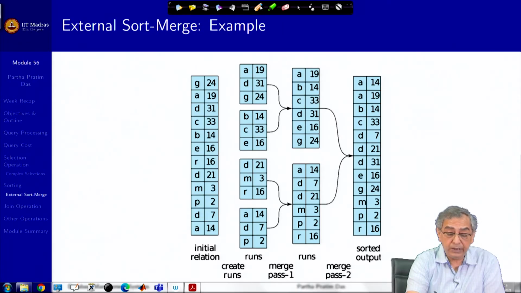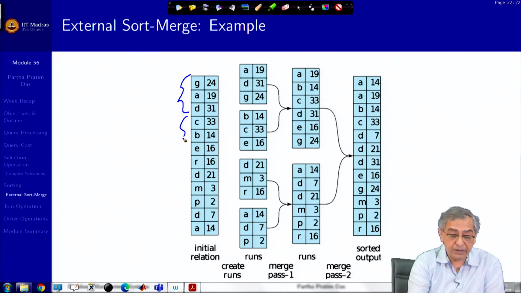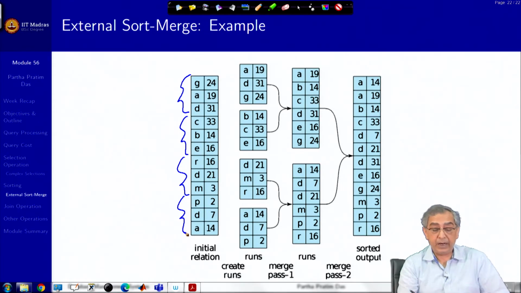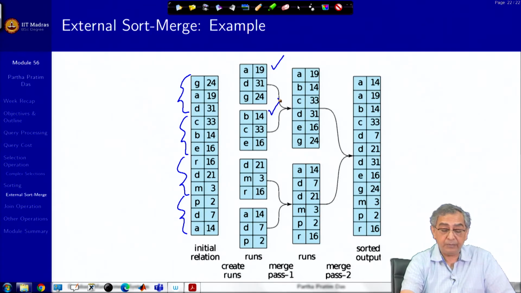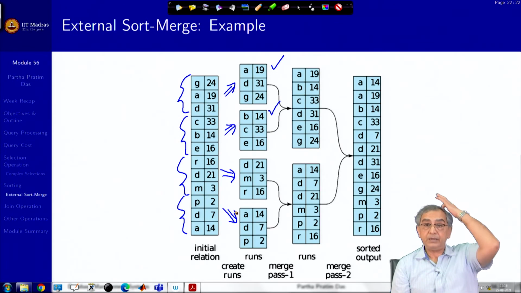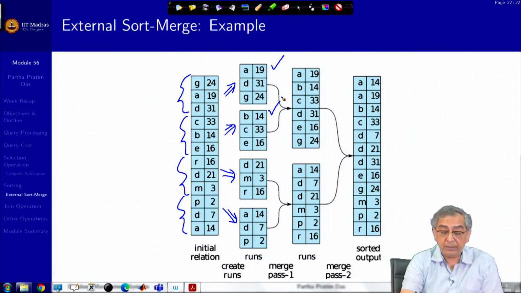So, what you do is divide the original relation into runs of a certain size, say runs of 3, which can fit into the memory. You bring each into the memory and sort each one of them. This is sorted here, this here, this here, and this here. So, these are the initial runs, and then you take 2 runs and merge them.